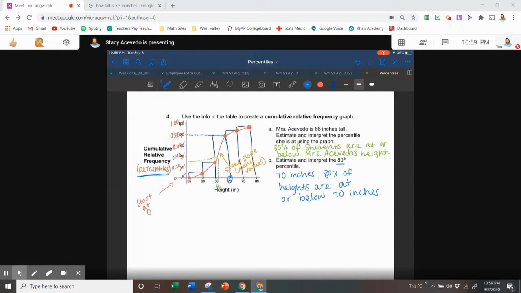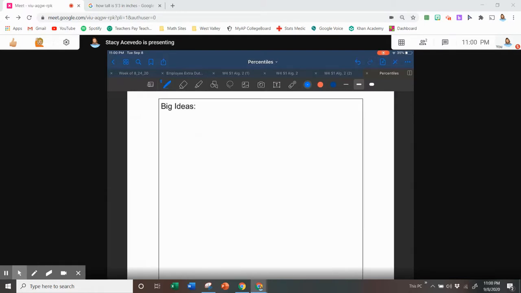And there we go. Let's go over our big ideas for today's lesson. For learning target number 1, I just want to touch on the definition of percentile.